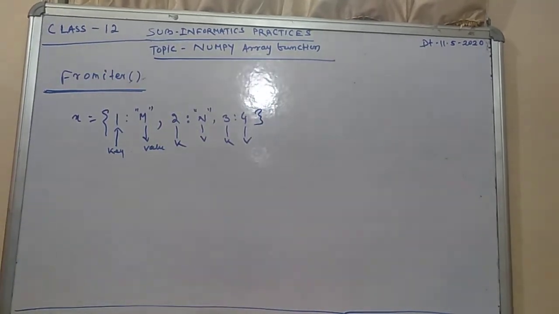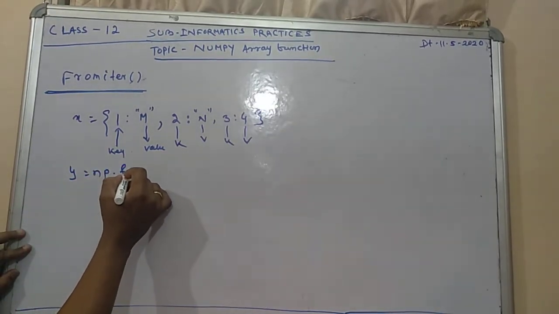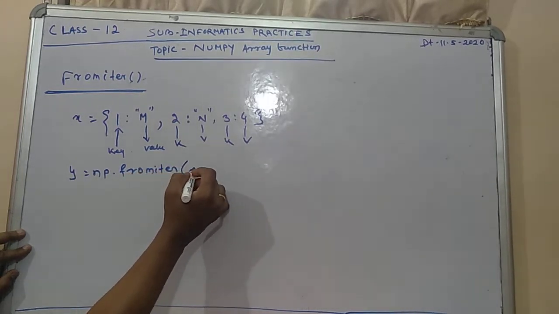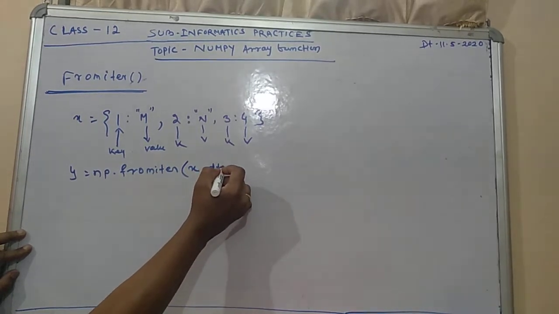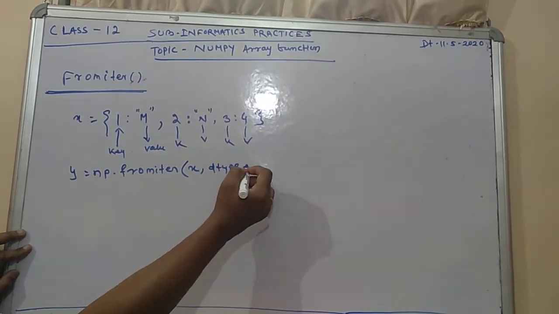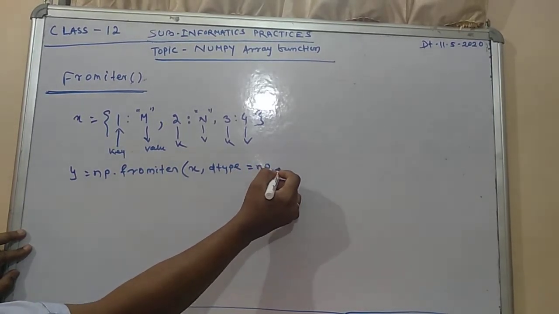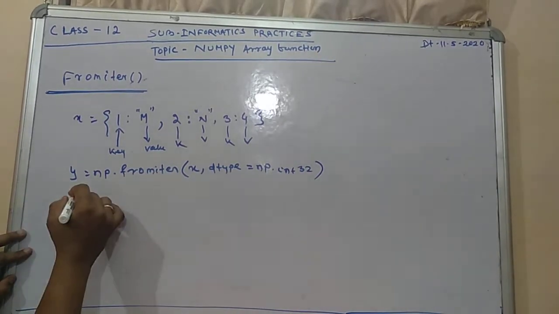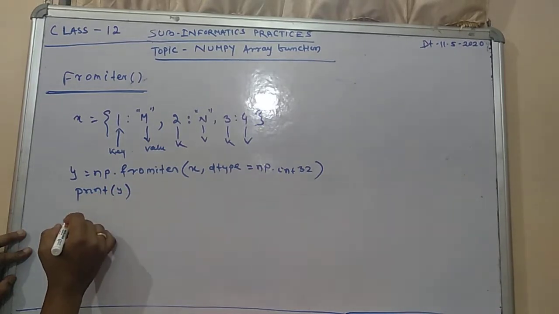So now, I'm writing y equal to np.fromiter, F-R-O-M-I-T-E-R, bracket x, dtype, which means data type, equal to np.int32. When you write print y, what output are you getting?